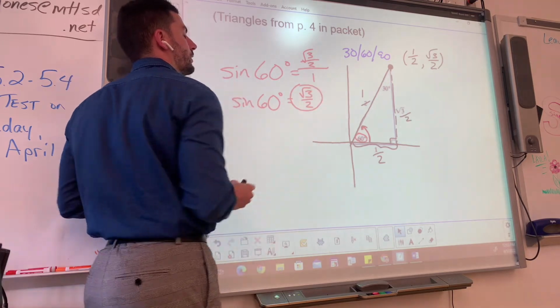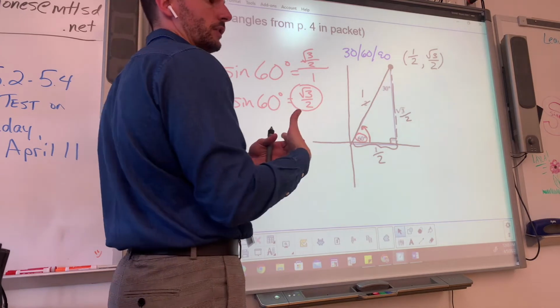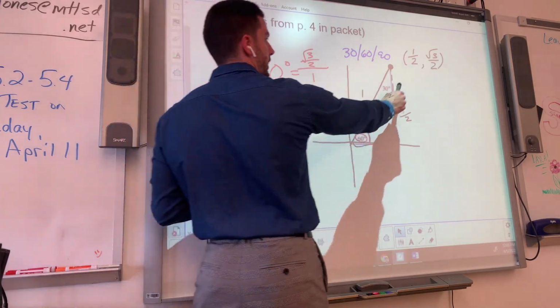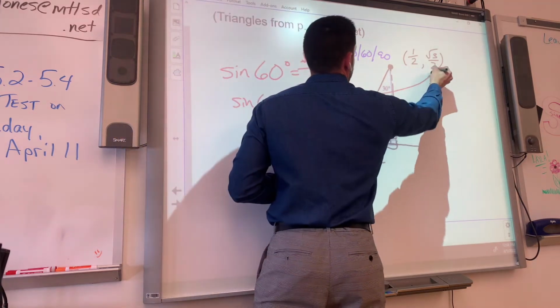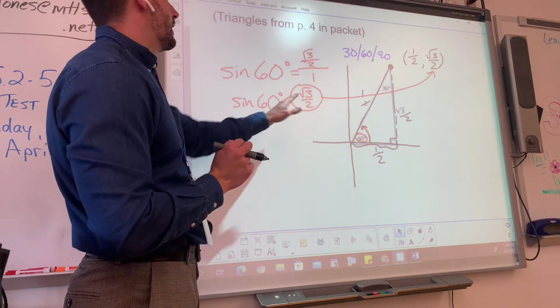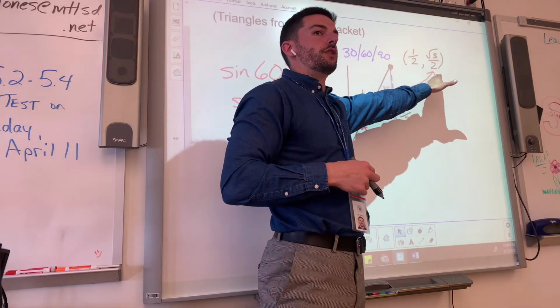Now here's the connection to make. This is the big deal, bringing it all together so we can do this homework assignment. Look at the coordinates of my point for this triangle, and then look at my answer for sine. This is going to be true for every single angle that we do: the sine of the angle is equal to the y coordinate.